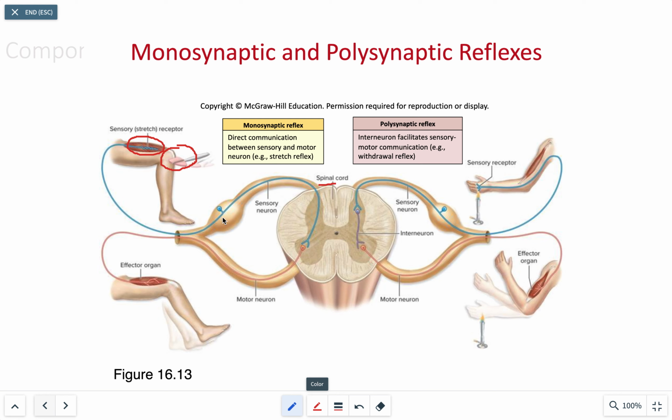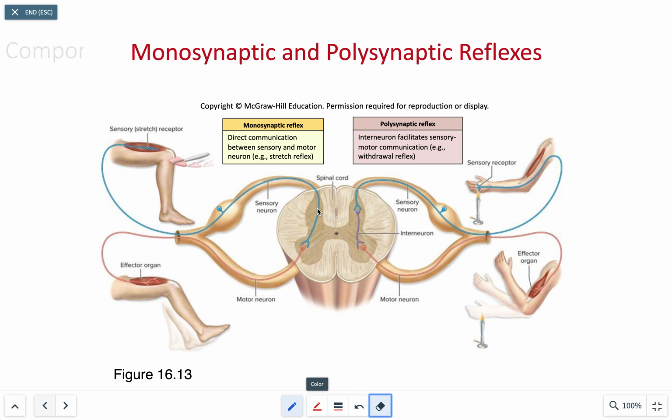So once it enters in through the sensory neuron into the central nervous system, sometimes there's an interneuron process, such as in the polysynaptic, and sometimes the interneuron is missing in the central nervous system, which causes minimal delay in the action potential.